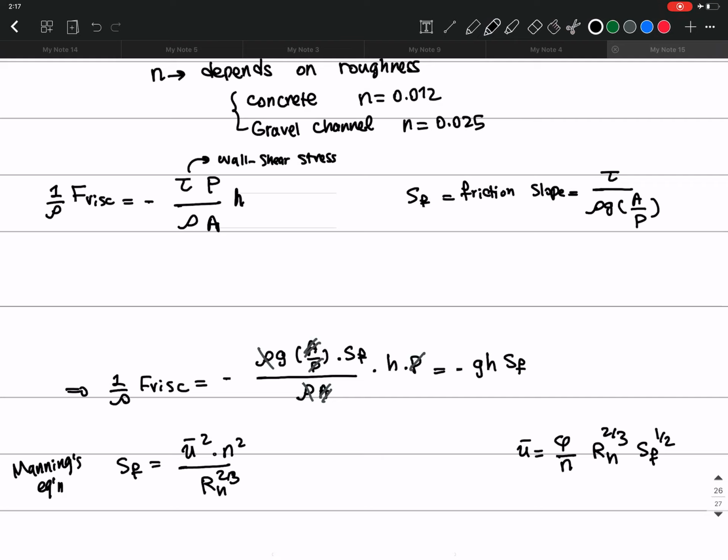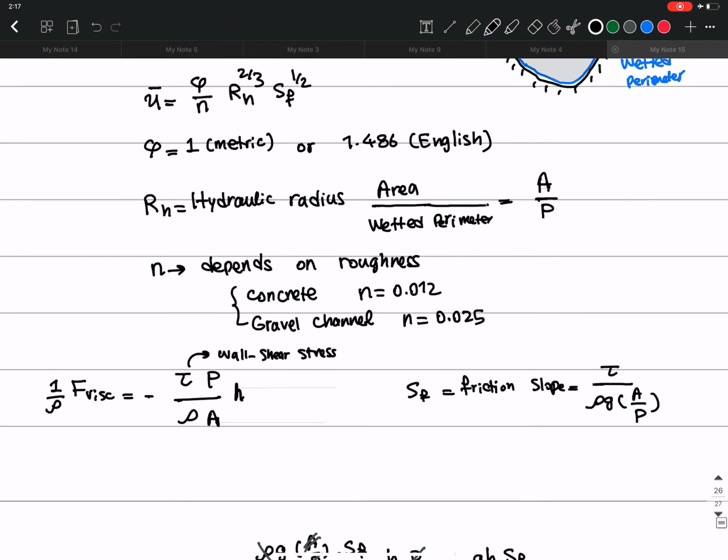Okay, so this is from Manning, and then this is going to be my friction force. So I have everything now in terms of U bar and the channel characteristics, right?